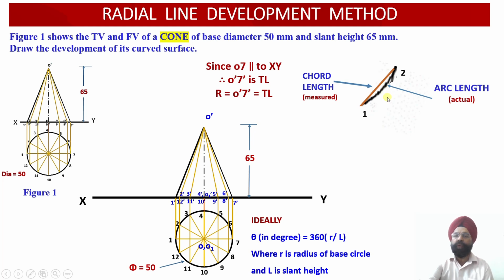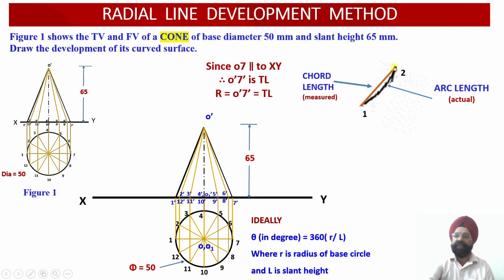But if we are going to work on this system for industry, there we use computerized drafting, so the arc length can also be measured. We will be able to put the arc length over there, and the appropriate size of the sector of the arc can be measured and drawn. It's not that we cannot draw it, but since we are using manual drafting only, this is the limitation. For industrial drafting, there is no problem to measure this arc length.